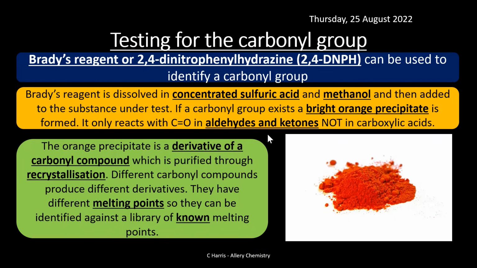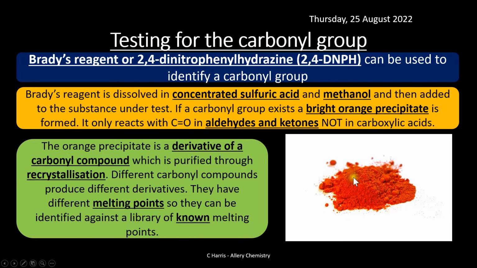They have different melting points, and we can measure the melting point of the powder that's been formed, and that can help us to identify what type of aldehyde or ketone we've got. It's quite a nice way of identifying what you've got. We compare the melting point of this powder with a library of known melting points, and that can help you to identify what you've got.